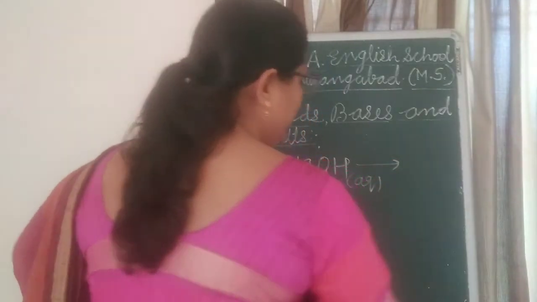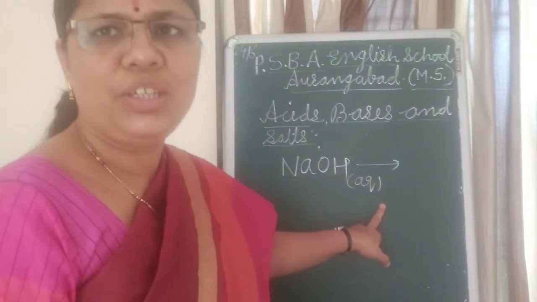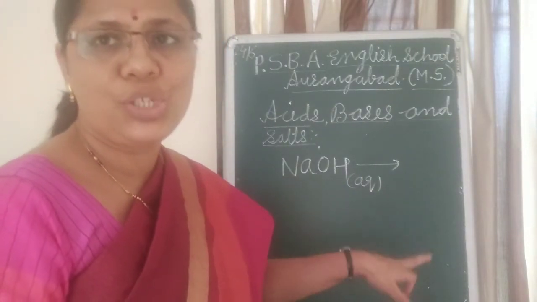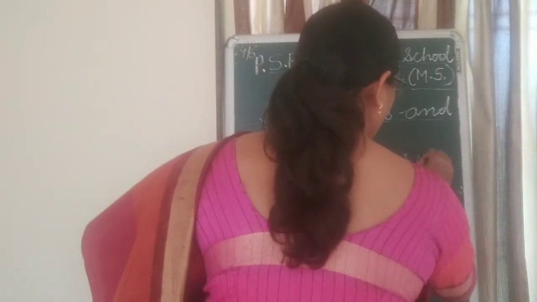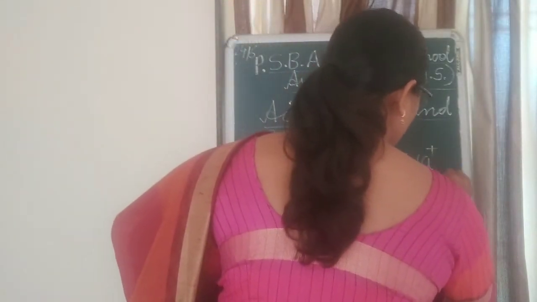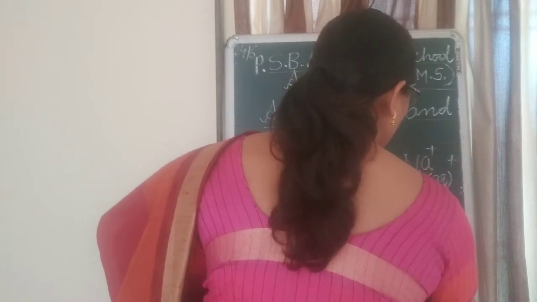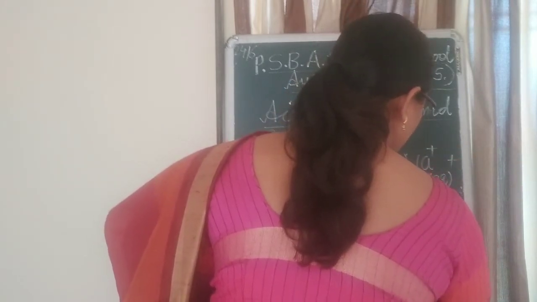It gets dissociated. NaOH aqueous, it means that NaOH plus H2O. Okay, so the dissociation will be like this: Na positive aqueous ions plus OH negative aqueous ions.